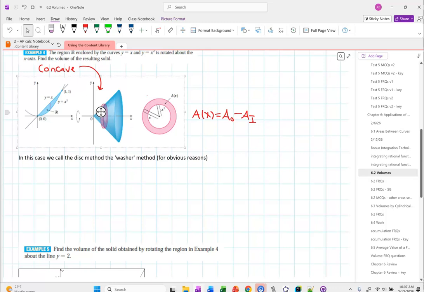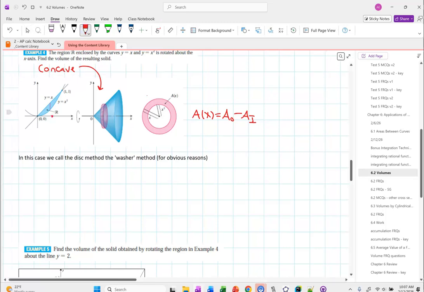Let's continue though, okay? So we need to calculate this area then. Looking at my picture, I'm going to call this R outer, and I'm going to call this R inner.